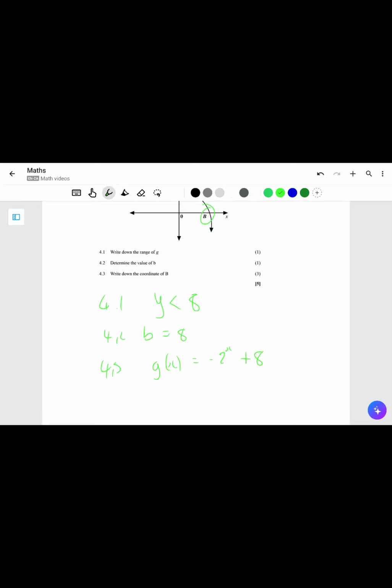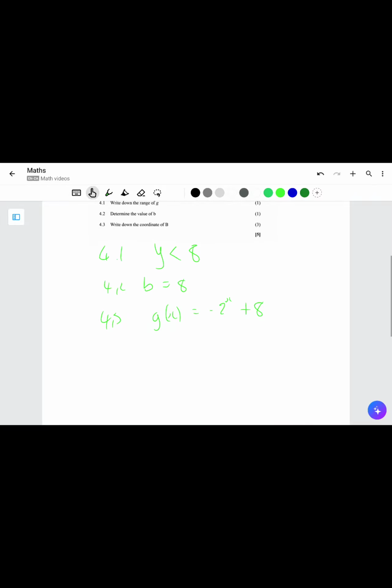We're going to let g of x equal 0. So if we let g of x equal 0, so 0 will now equal negative 2 to the power of x plus 8. We can take that negative 2 to the power of x over. So we have 2 to the power of x equals 8.